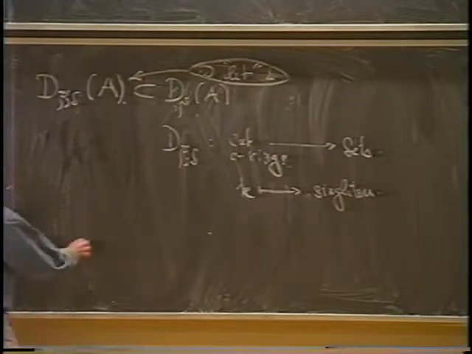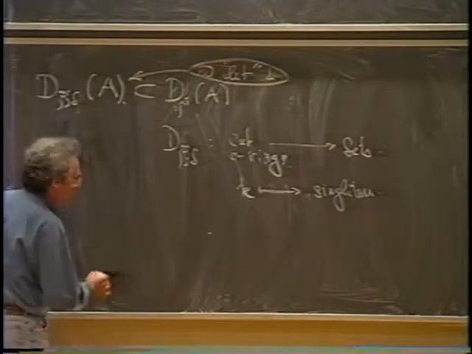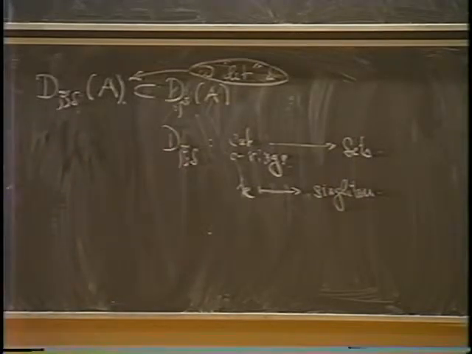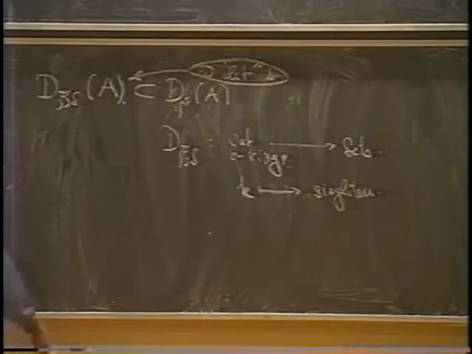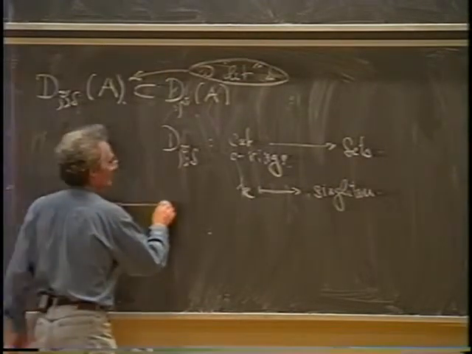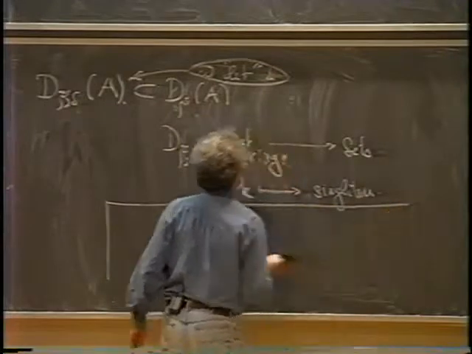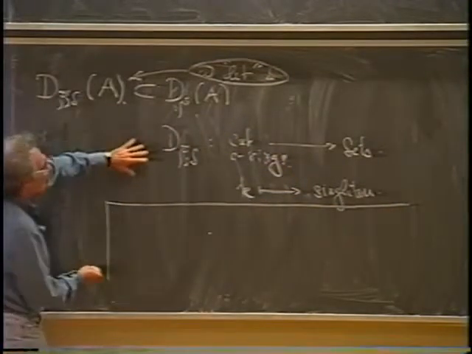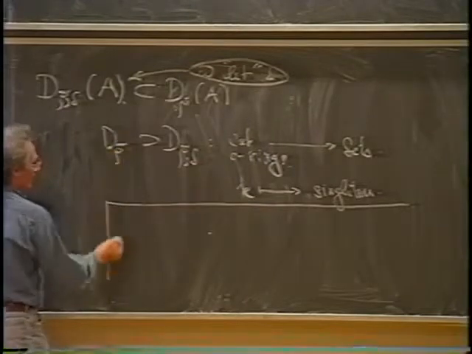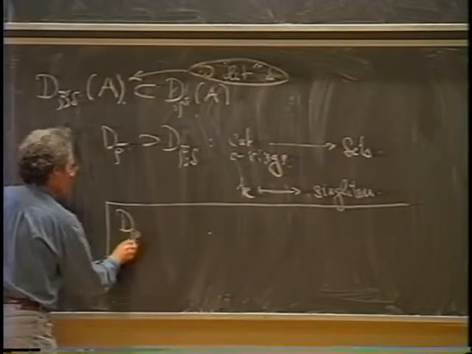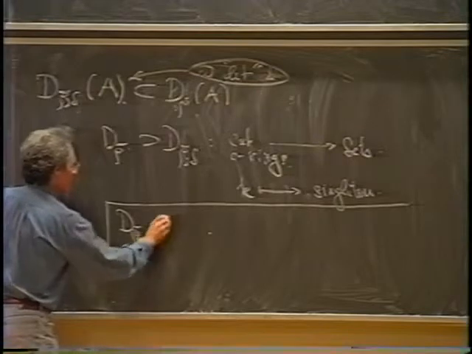Now, here's a fact, a theorem, which I want to view from a slightly different light later on. So let me just put it in a box. You can prove it, not too hard. This subfunctor, it's a subfunctor of D_rho bar, is always nearly representable.